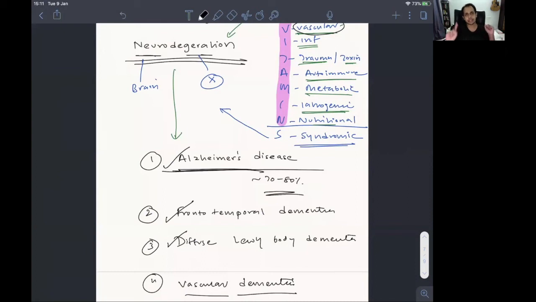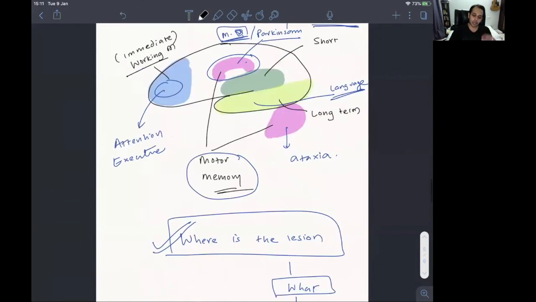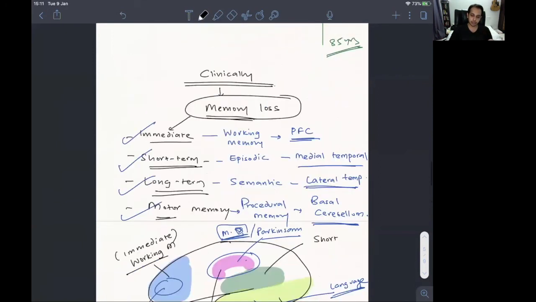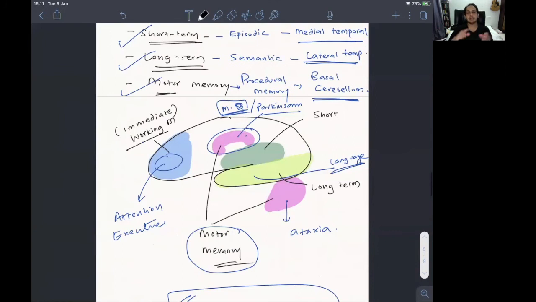Suppose he's saying that yes, it is affecting the activities of daily living. You need to look for what all cognitive functions are gone. So memory loss is there, but what about the other things? For example, what about his attention? What about his executive function, language, learning and memory, his motor procedural skills and social functions?